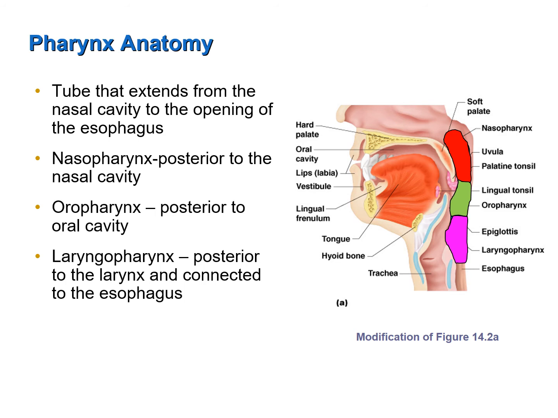The larynx is the opening to the trachea or windpipe. The laryngopharynx is also connected to the esophagus. Both the oropharynx and the laryngopharynx are part of both the digestive system and the respiratory system because they are a common pathway for both respiratory gases and food.